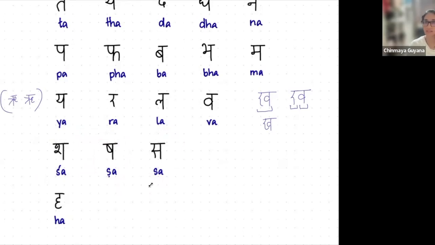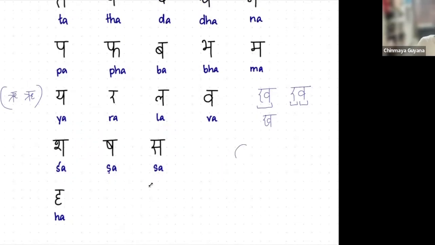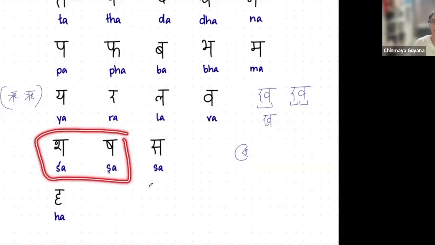So everyone should practice. Your tongue should be at the same place, the middle of the roof of your mouth, right? Any letter that has the dot underneath is pronounced like that. Now, one thing to watch out for, which is very common here, is to mix up these two, right?